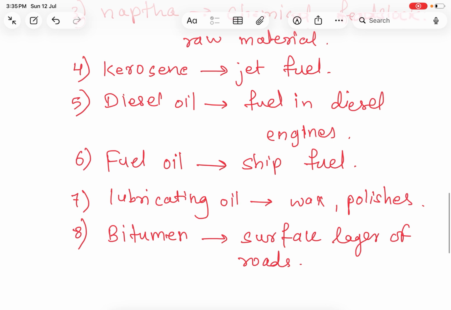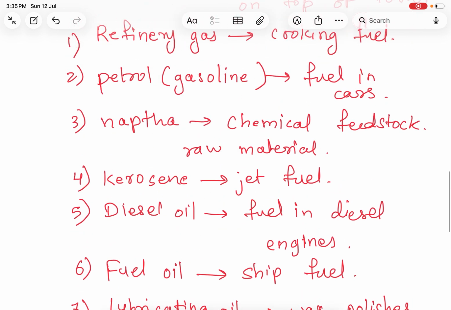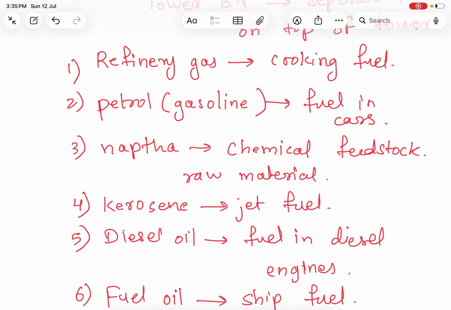Basically they are all used as fuels, but depending upon the number of carbon atoms, the uses change. The number of carbon atoms in each fraction varies. We have carbon 1 to carbon 4 in the refinery gas, then carbon 5 or more in the next fuel.